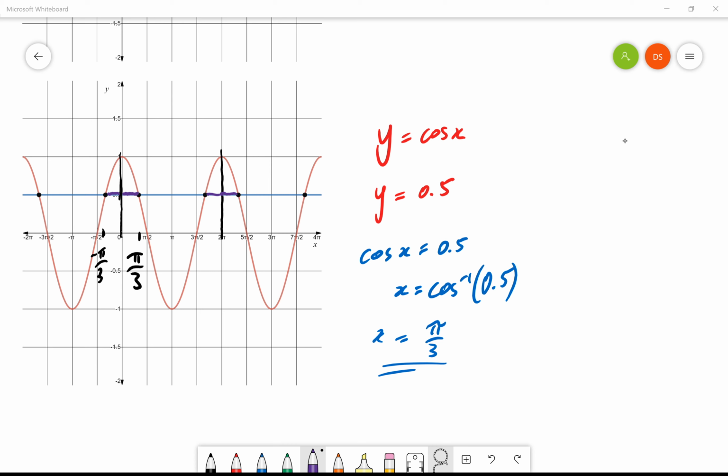So my first solution was pi on 3. My next solution, I went back and I got negative pi on 3. And then my next solution is going to be 2 pi minus pi on 3. And my next solution is going to be 2 pi plus pi on 3.